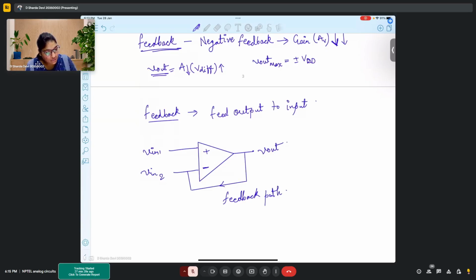In an op-amp, we have two types of input. One we call the inverting input, another we call the non-inverting input. The negative one is the inverting terminal, and the positive one is the non-inverting terminal. If you introduce an input to the inverting terminal, in the output you would see a phase difference of 180 degrees.